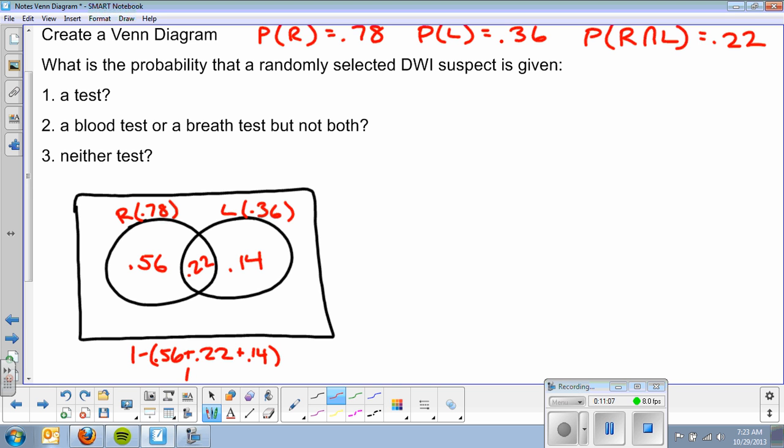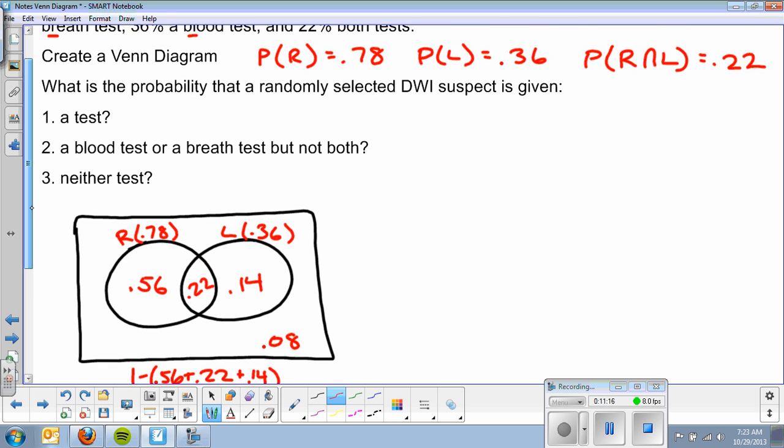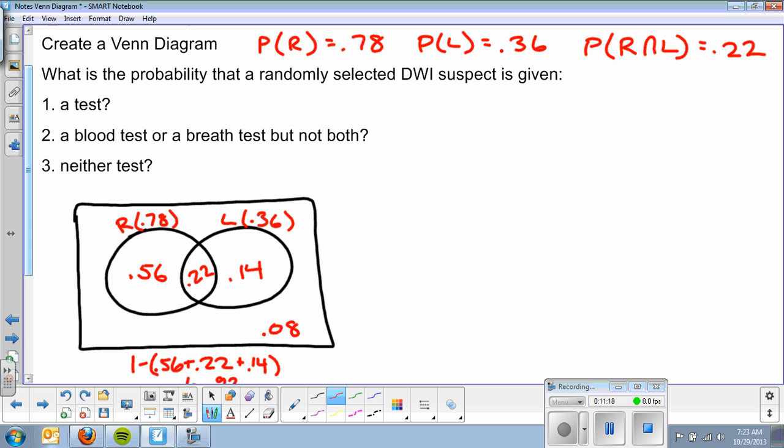Okay, so this is 1 minus 0.92, which is going to give me 0.08 for the neither. And now that I have the Venn diagram, it makes it a little bit easier to answer these questions. So, what's the probability that a person's given a test? That's the probability of R or L. So, probability of R plus the probability of L minus the probability of both.